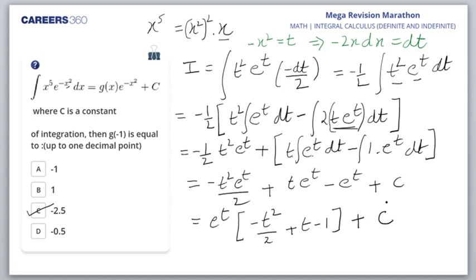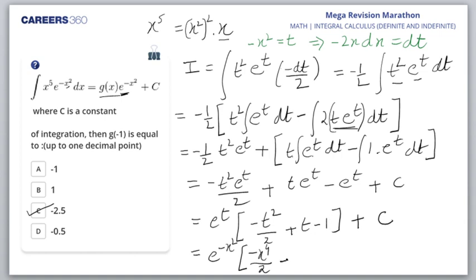Now I substitute t as minus x square. So what do I get? E raised to power minus x square. This was eventually outside the function g(x), that's why I wrote it like this. And t square would fetch me x raised to power 4, upon 2, minus is already there.